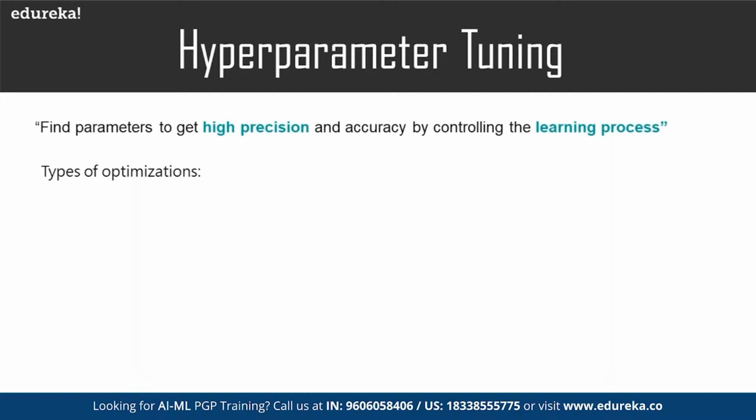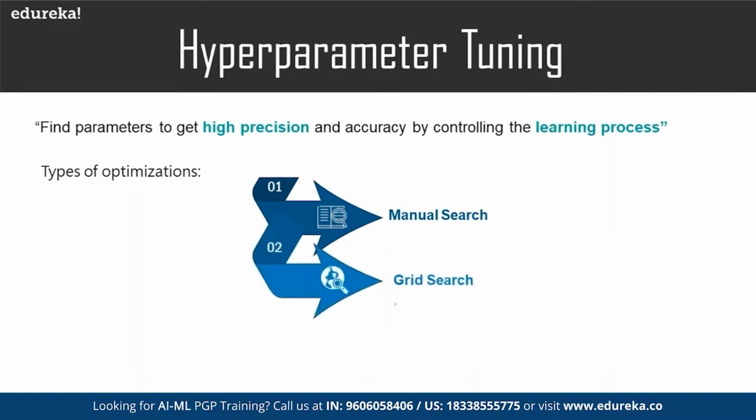That is why we call it performance metrics or error metrics, and it usually controls the learning process. And we have types of optimization techniques as part of hyperparameter tuning, which of course fall under hyperparameter tuning.